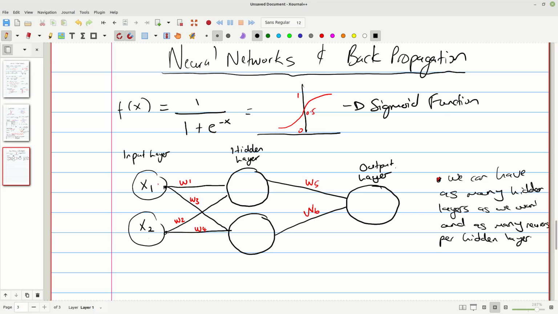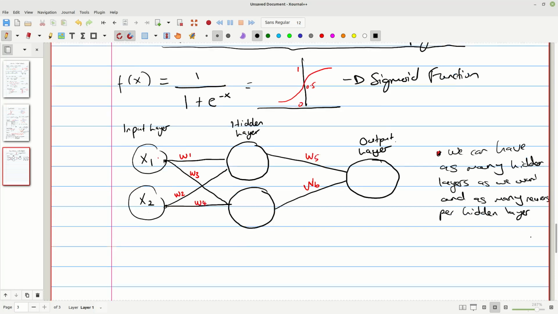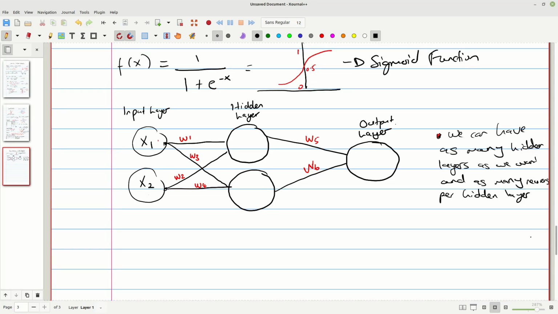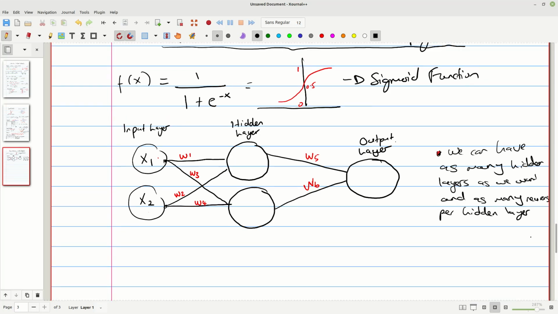Of course, the constraint here would be our computing resources, so there's going to be a limitation based on what our compute resources are, but we're going to go into that in a future lecture. So this is a simple neural network, and we have here a hidden layer.